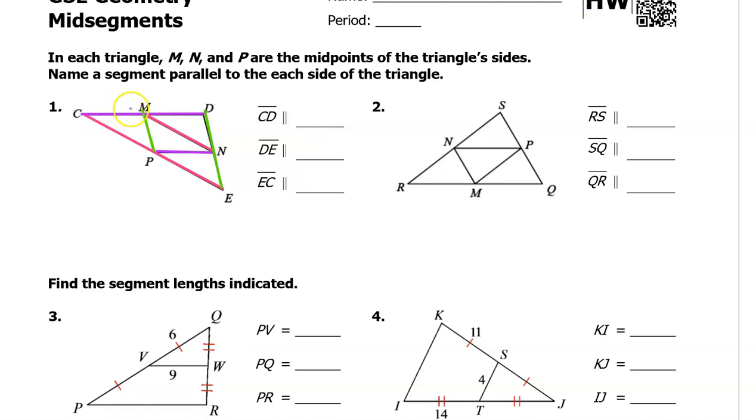Well, CD is this purple segment here, so that is parallel to segment PN. What about segment DE? Segment DE is a green segment, so that will be parallel to segment MP. What about segment EC? Segment EC is this red segment, so it will be parallel to segment MN.